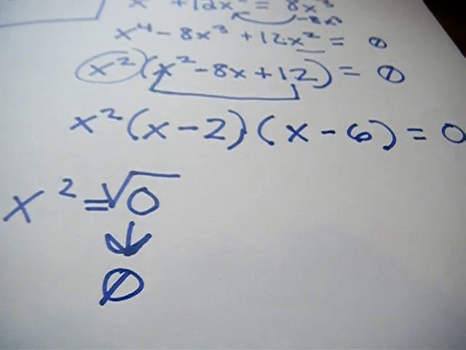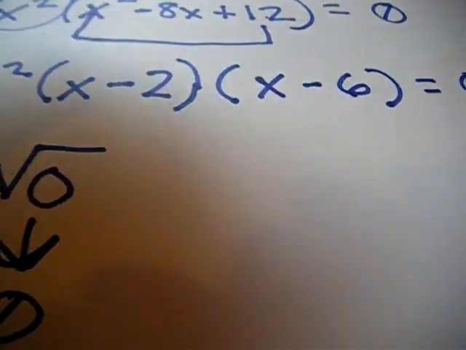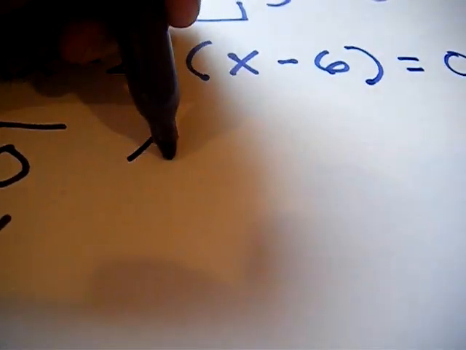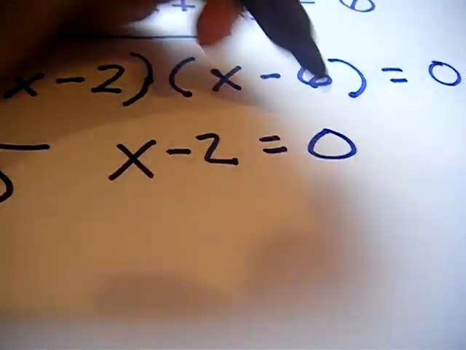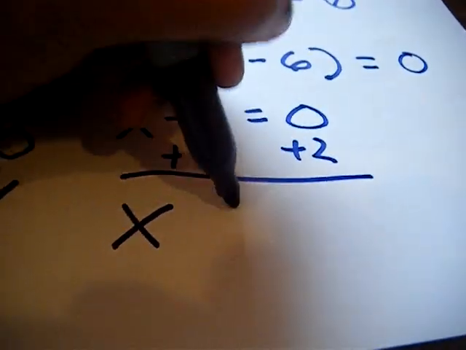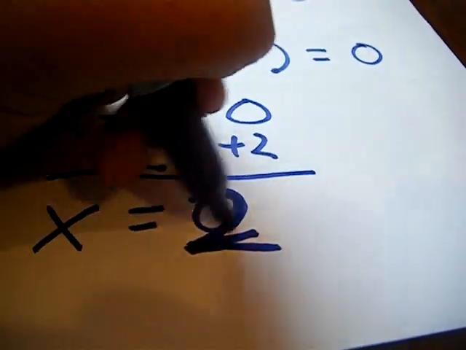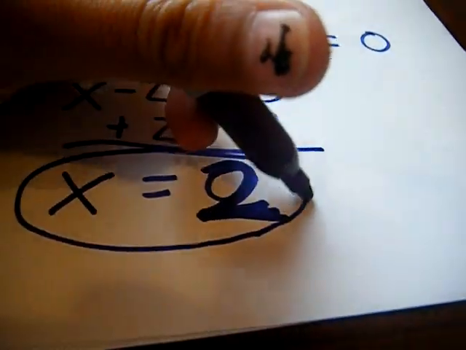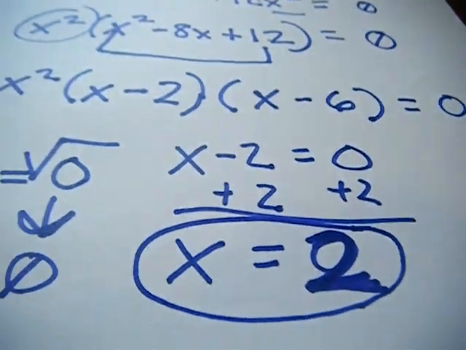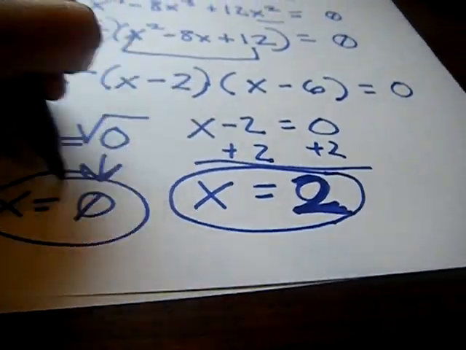And then you need to find the zeros of x minus 2 and x minus 6. So if you set x minus 2 equal to 0, you have to add 2 to each side, and x is equal to 2. So then you know that x is equal to 2 here, and x is equal to 0.